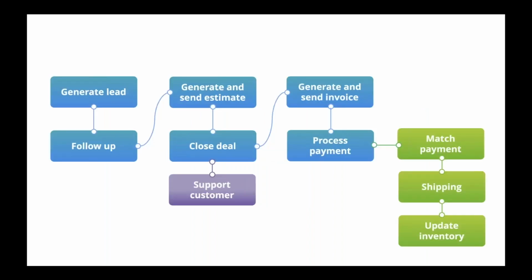Now, adding this even further, I mentioned that we have our accounting system. So obviously, once you've received a payment, you can match the payments to the invoice and do your basic record keeping. You can manage and process the order, which includes integrating with shipping carriers like FedEx and UPS and DHL.